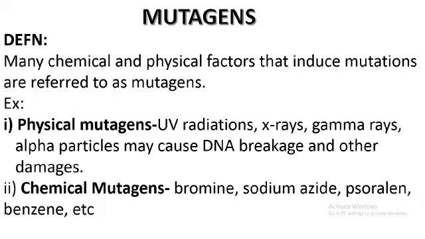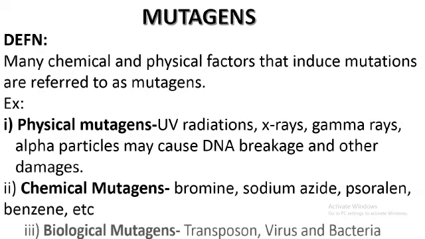The second one is chemical mutagens. There are certain chemicals: bromine, sodium azide, psoralen, benzene, etc. Even some of our food items or coloring agents that we add to food are also known to induce mutation. So they can be considered chemical mutagens.